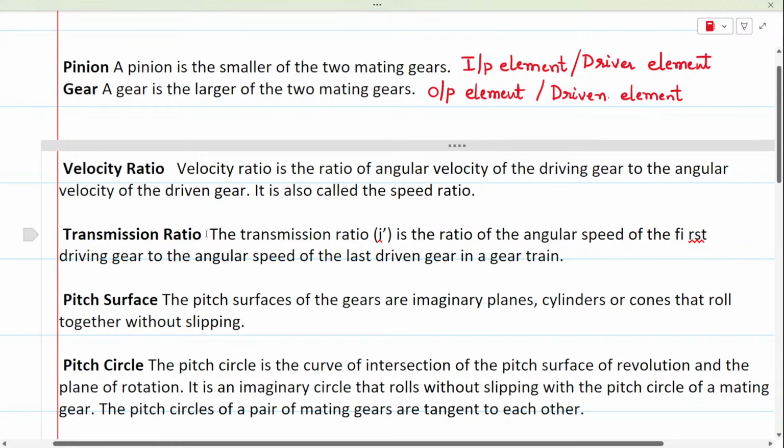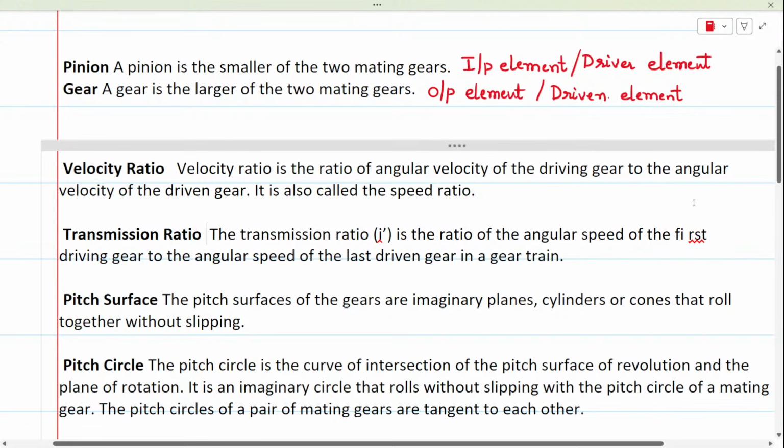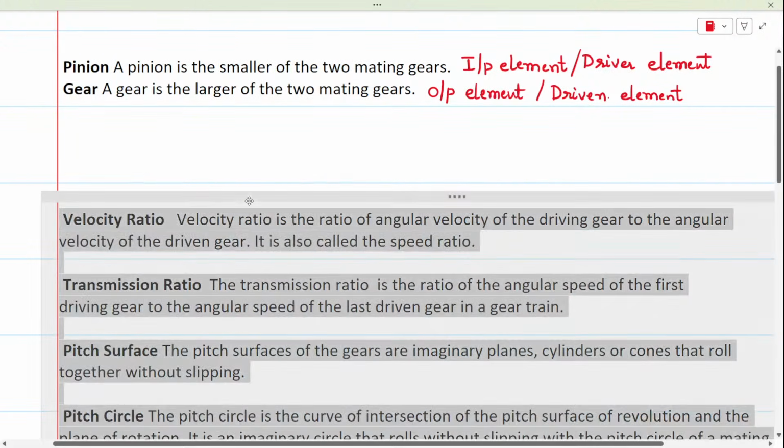Next is velocity ratio. This velocity ratio helps us predict by what factor we are able to increase the speed of the output wheel or decrease the speed of the output wheel, or you could replace the speed with torque as well, because torque and speed are inversely proportional to each other. This is from the power equation.